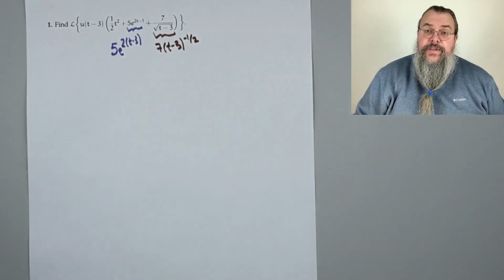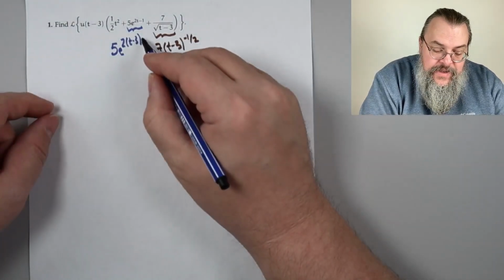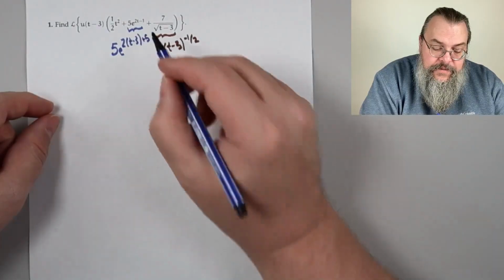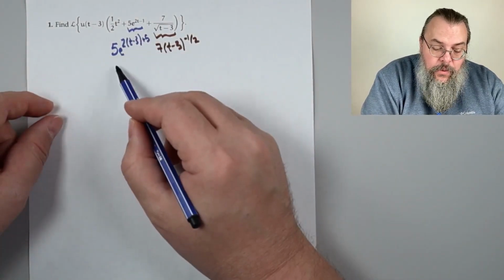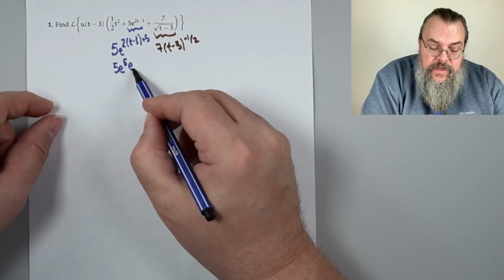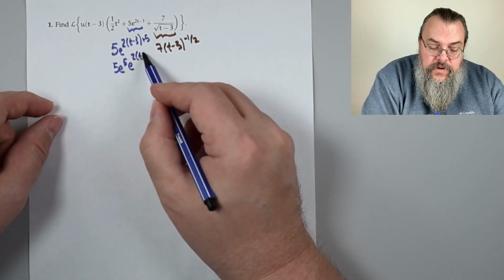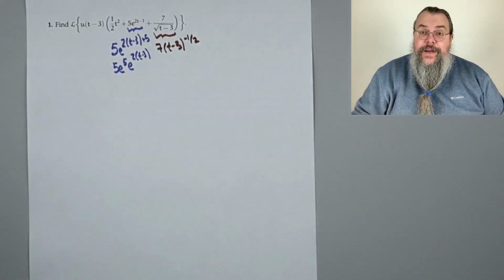That's 2t minus 6. Aha! So what we'll do is we'll tweak it by plus 5, right? Because minus 6 plus 5 is minus 1. Or we could write this as 5 e to the 5th times e to the 2 times t minus 3. All right, well, great. That handles that one.